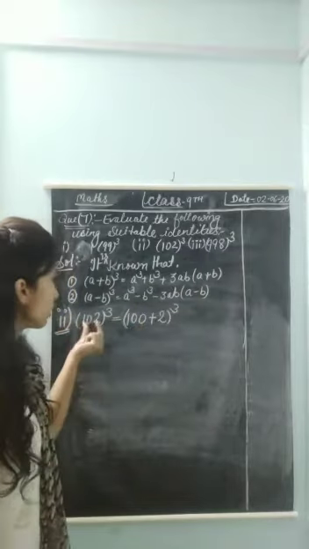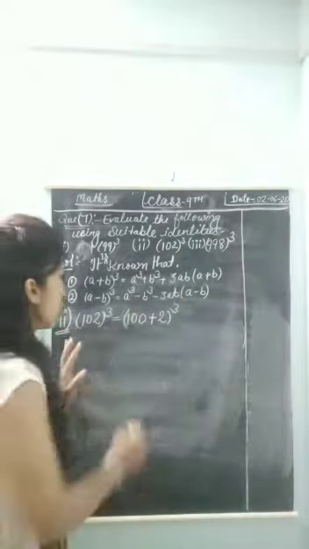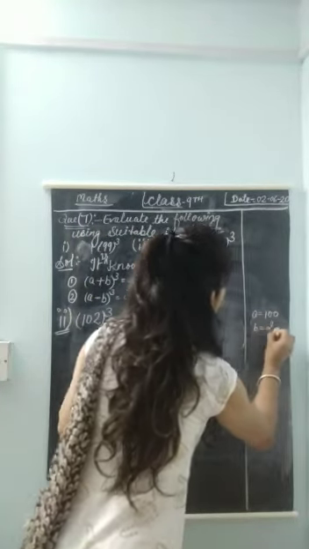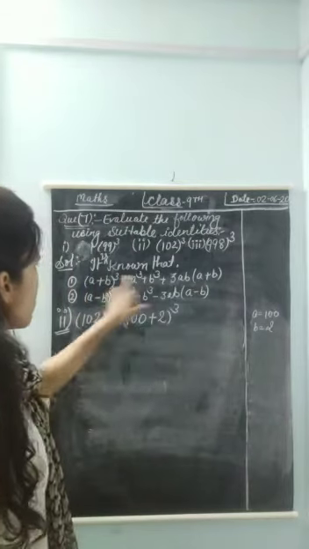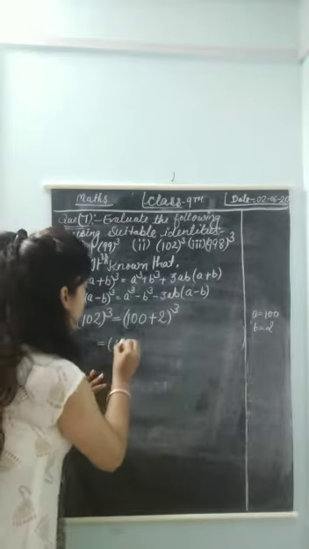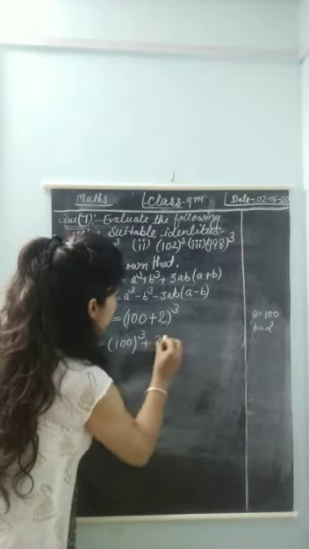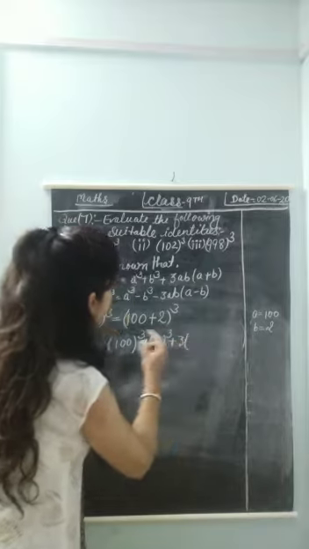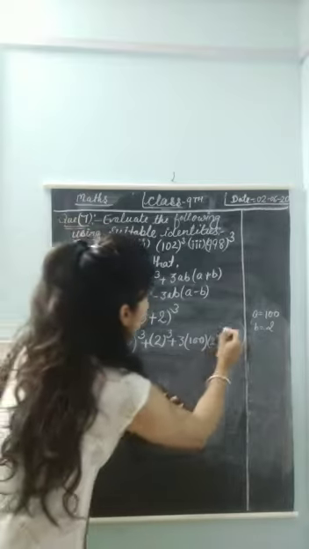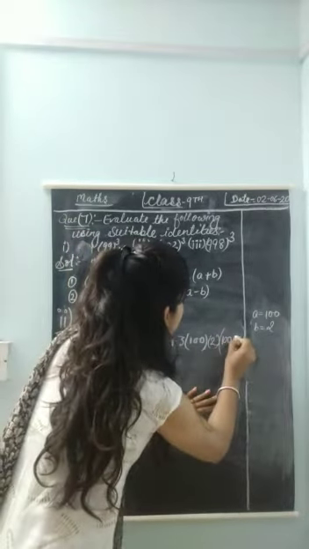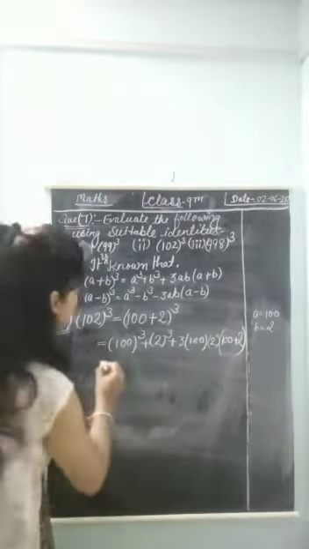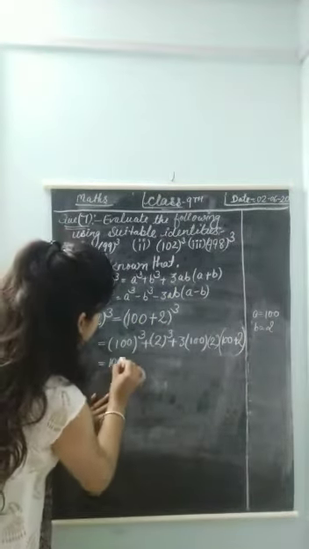So put the given number in the form of the identity. Here the value of a is 100 and the value of b is 2. So use the first identity: (a plus b) whole cube is a cube plus b cube plus 3ab into (a plus b), with a as 100 and b as 2, according to the given formula.